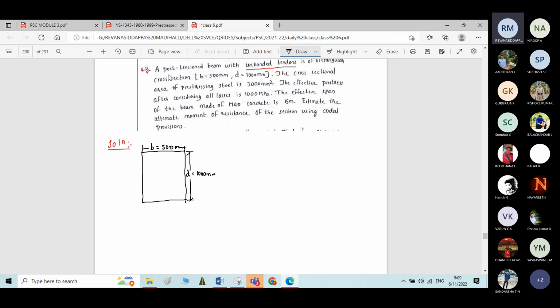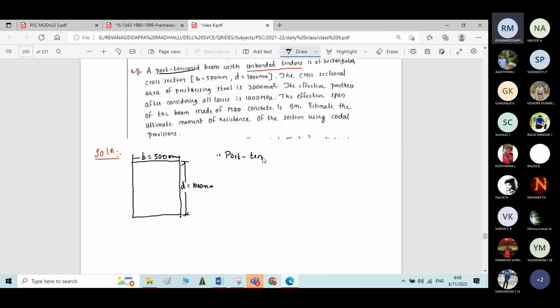Okay, and it is a post-tensioned beam. So the condition given is post-tensioned, unbonded tendons, which means we have to refer to table 12 of page number 60.